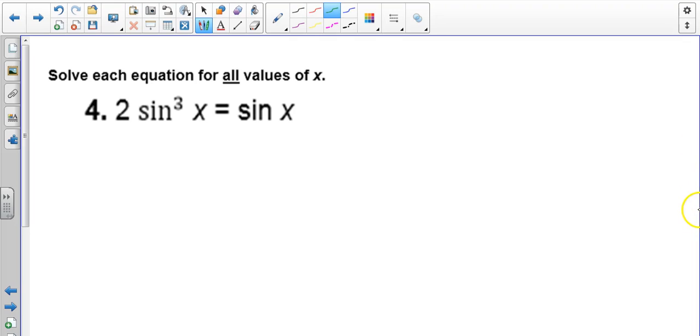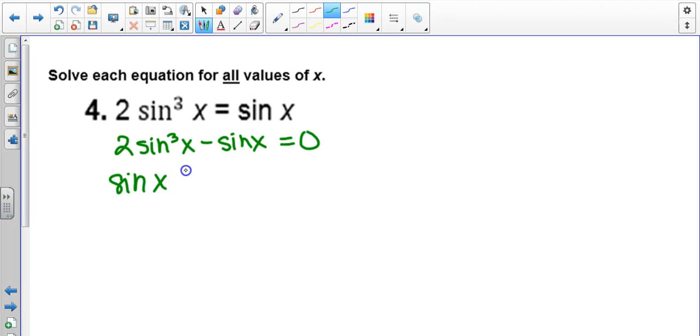Okay, this is one where somebody's going to be tempted to divide both sides by sine. Instead, we need to subtract it over. Then what? Factor out a sine.